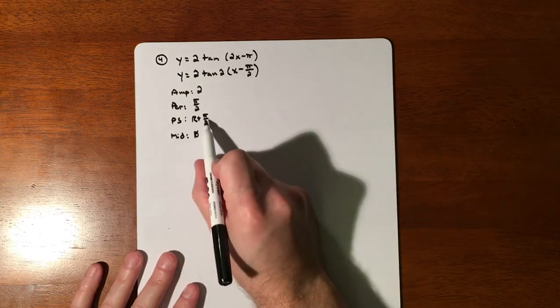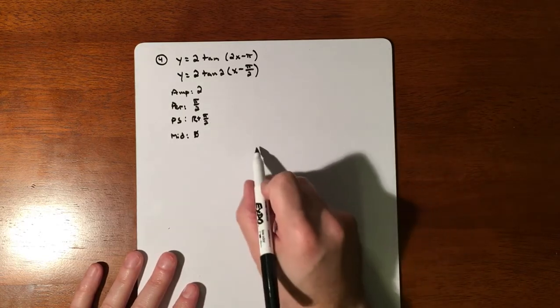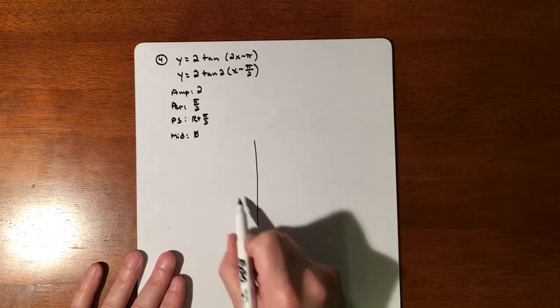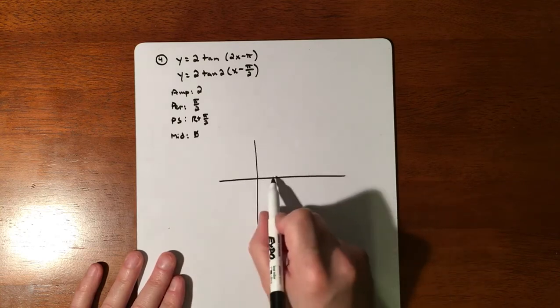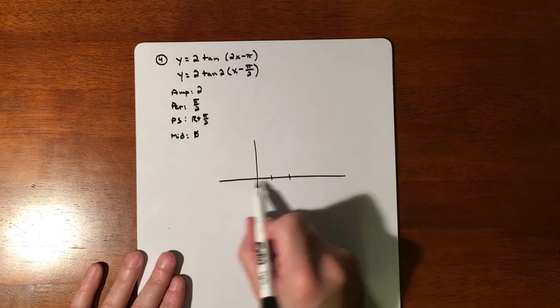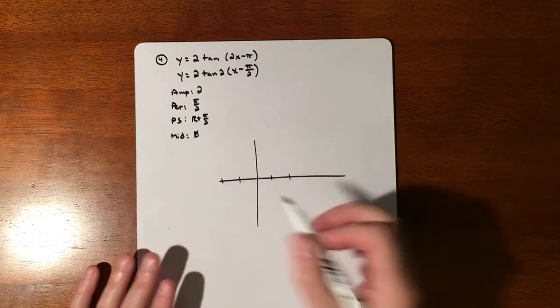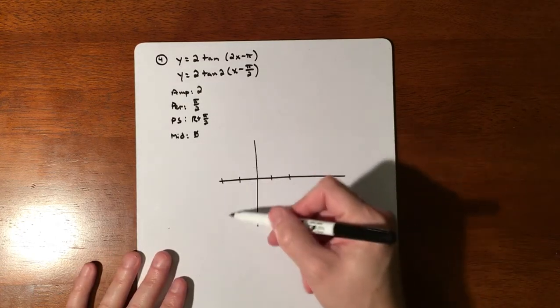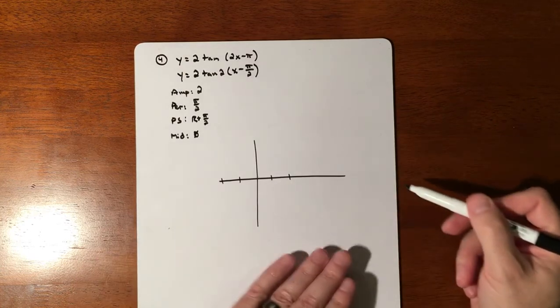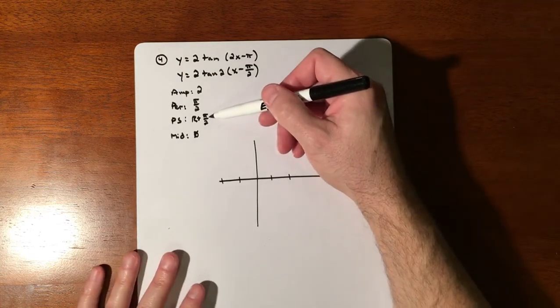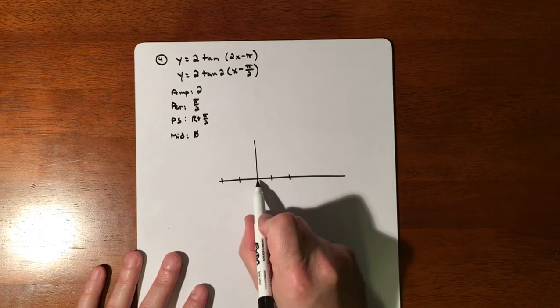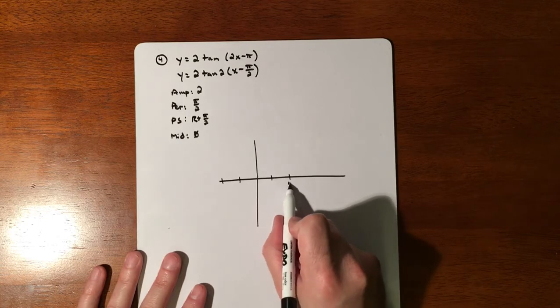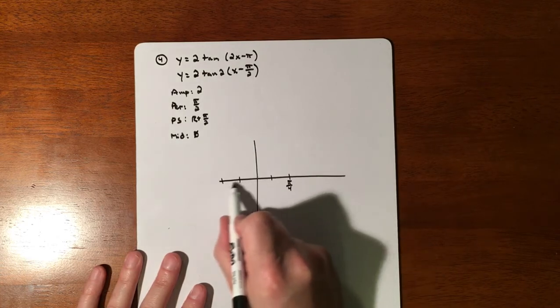So we're going to give ourselves some space to the right. We are centered around the origin. So we're going to go 1, 2, which is what we normally would do. We should be having an asymptote. We're going to be bumping it to the right because that's what our phase shift is. But let's make sure that we're okay with that. Our period is pi over 2, so half of it's on the right, half of it's on the left.